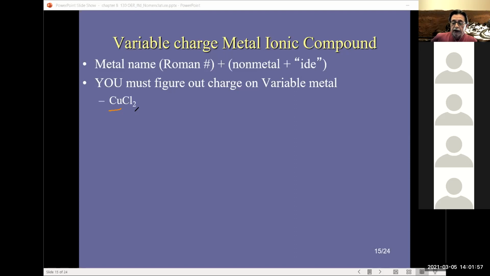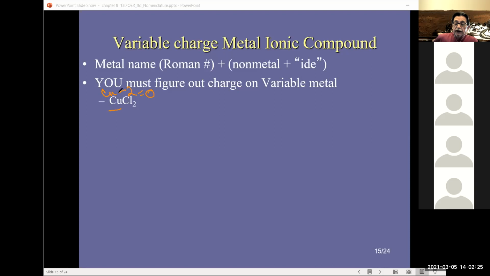And remember, number of cations plus number of anions equals the charge of the compound, which in this case is 0. So what do we know about the chlorides? The chlorides each have a -1, right? And so that means that we got a -2 sitting there for the chlorides. And so copper minus a -2 equals 0.